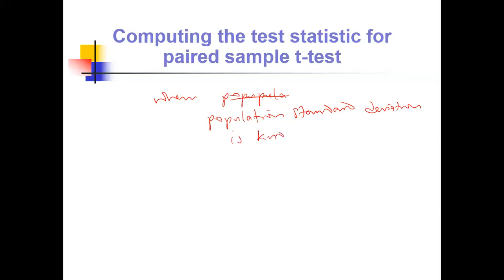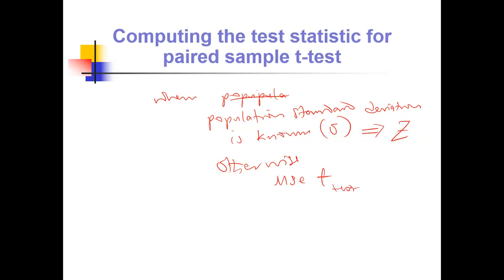So remember that we keep repeating this: when the population standard deviation is known, and you know the symbol for that, then you're using a Z. If it is not known, otherwise, use a T, a t-test.